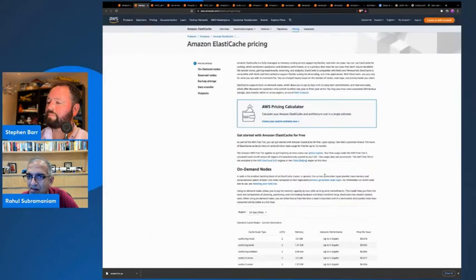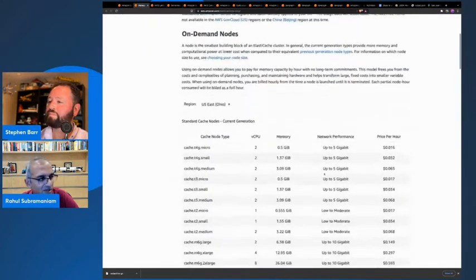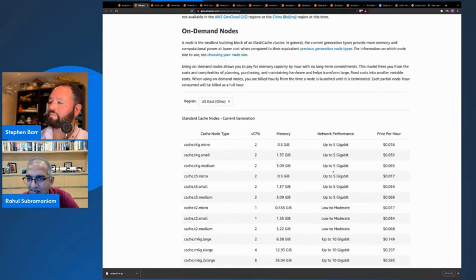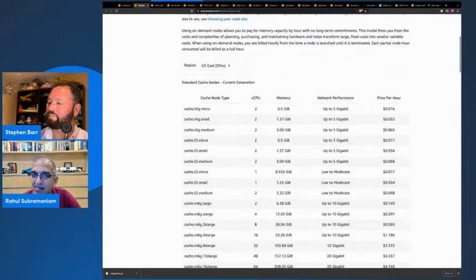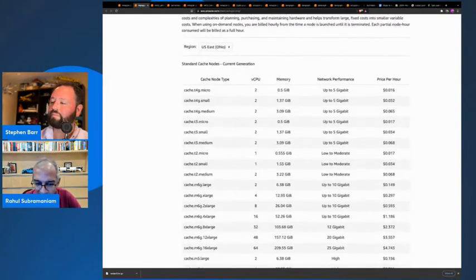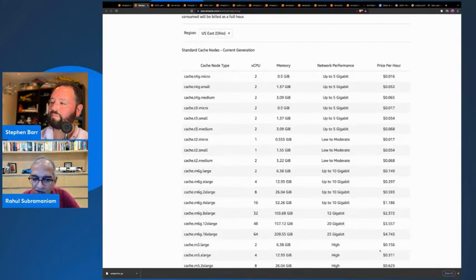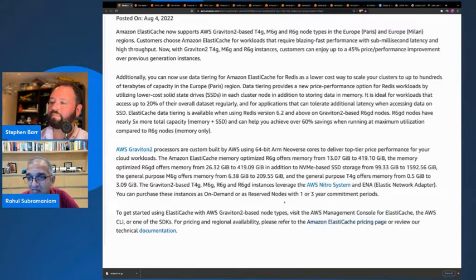I'm trying to remember all the versions, but I think ElastiCache 6 is only on x86, but once you go from 6.9 onwards, the migration becomes seamless to ARM, and the performance improvements are really, really big.